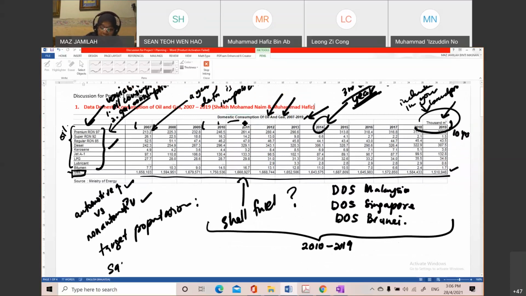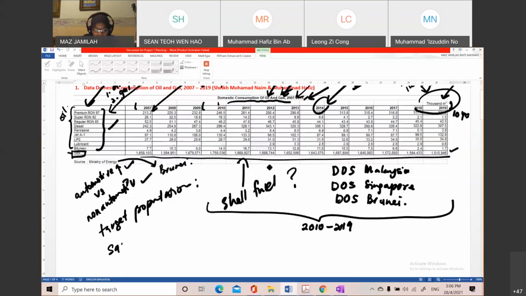This data is your hint for your target population and target sample. We know this is from Brunei. Now, the target population is definitely from Brunei. But exactly what is your target population that you are talking about? It lies in your data set title.